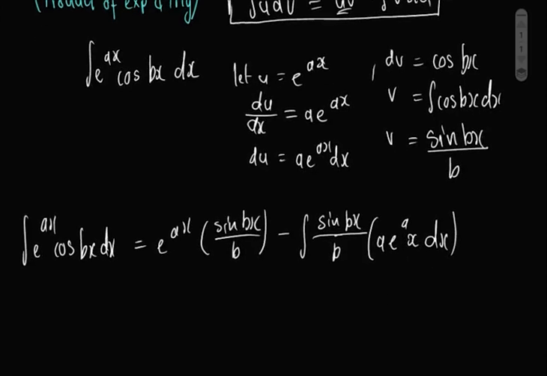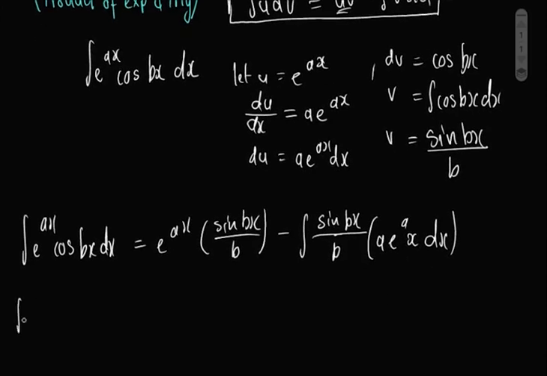So, wonderful, what are we going to have now? The integral of e to the ax cos bx with respect to x would be equal to, I can bring the b to the front, 1 over b e to the ax sine bx.